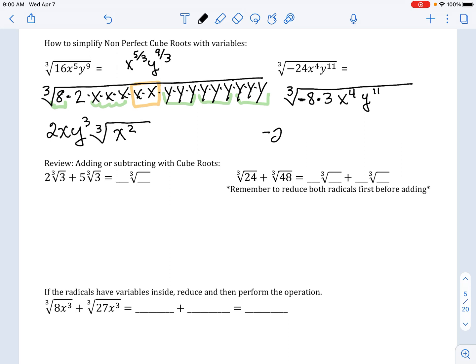I know that the cube root of negative 8 is negative 2. I know that there will be a cube root of 3 left inside. There are 4 x's. 1 will come out, 1 will stay outside. 4 divided by 3 is 1, with 1 remaining. 11 divides 3 times, with 2 remaining.